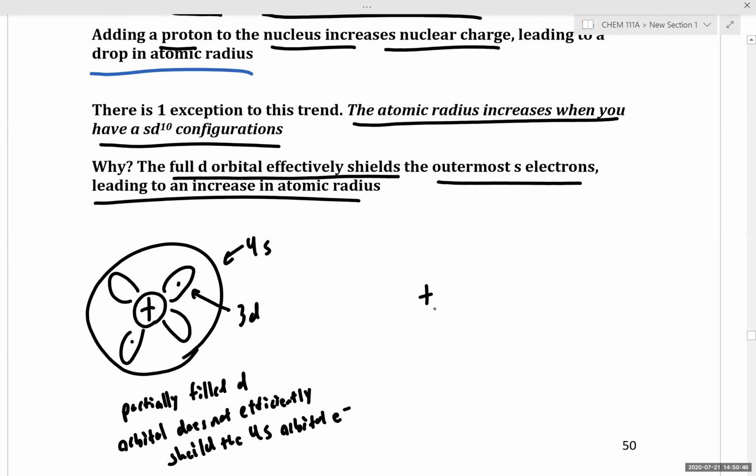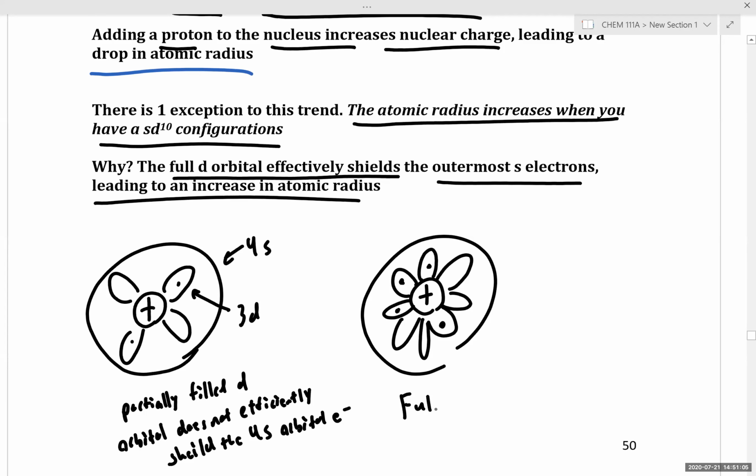However, when we have a completely full d orbital, when all of our d orbitals are completely filled, so a full d subshell shields the 4s electrons.